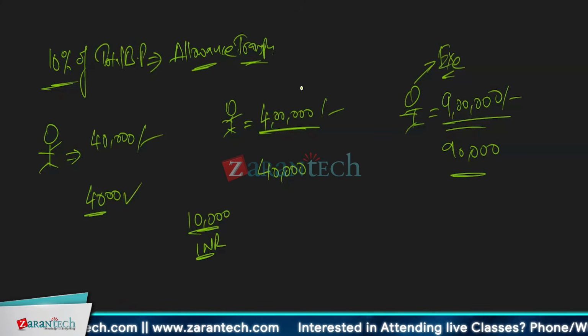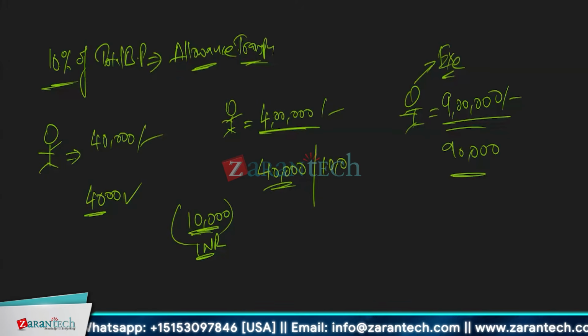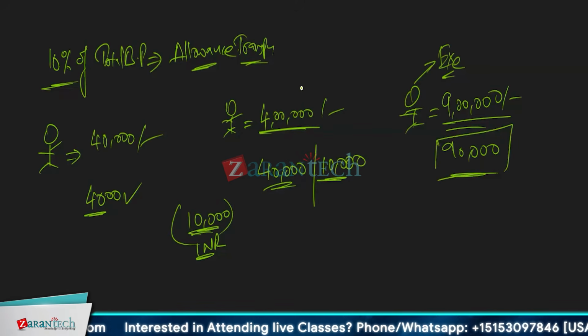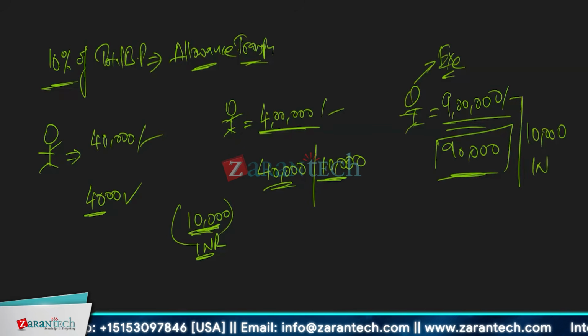This employee, 10% of 4 lakh is 40,000, but the maximum ceiling limit is 10,000. So this employee is going to get only 10,000 per month. Similarly, for this person, 90,000 is the 10% of their total base pay, but the ceiling limit is 10,000. So this employee will also get only 10,000 rupees per month.